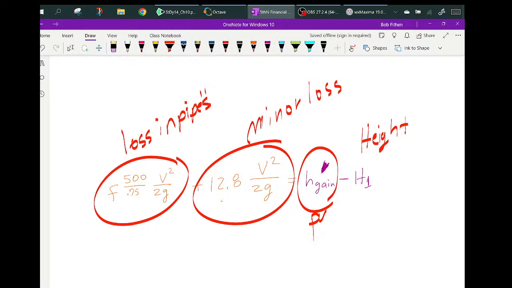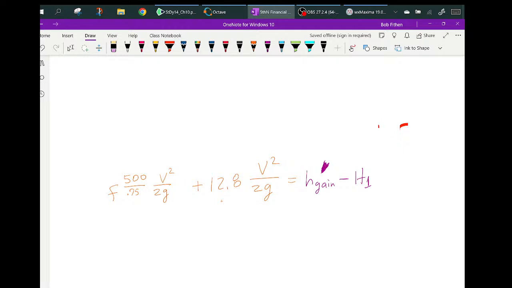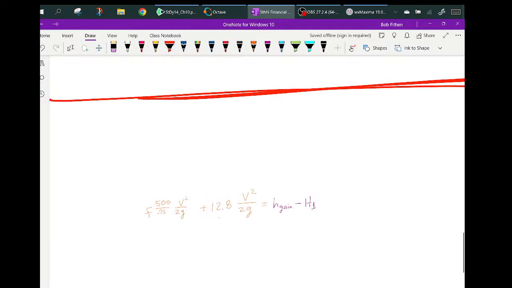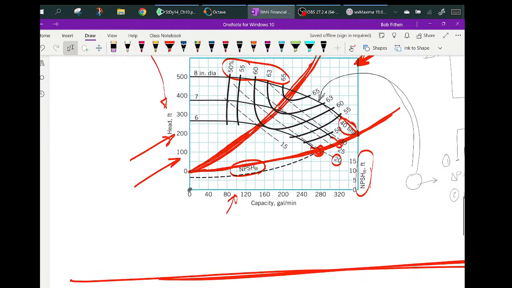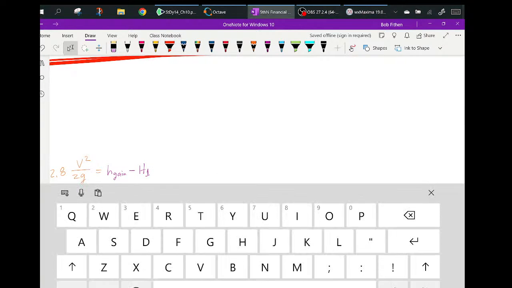So with that in mind, let's focus on the pump for a second. And let's pick this pump. Here we go. I'm going to copy. I'm going to put it right there, say maybe.